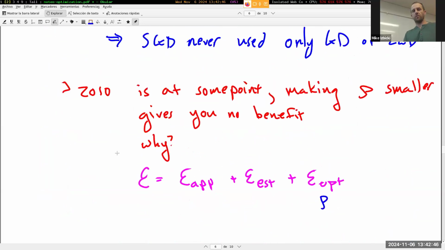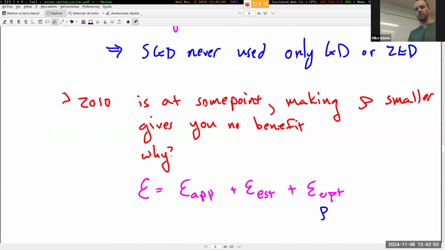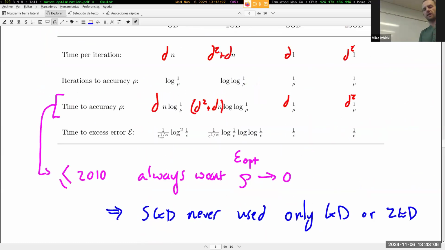And we'll derive this in a second, but we'll be setting all of these formulas equal to each other. This E estimation, again, that square root of log n over n, he keeps the log factor on top, log n over n, and the rho. We'll set all these things equal to each other, solve for the estimation error, and we'll get these values down here.